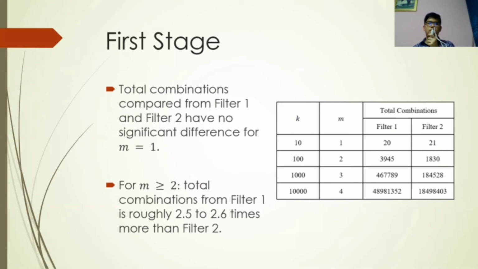Total combinations compared from filter 1 and filter 2 have no significant difference for m equals 1. For m equal or more than 2, total combination from filter 1 is roughly 2.5 to 2.6 times more than filter 2.